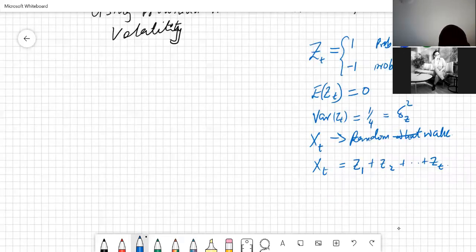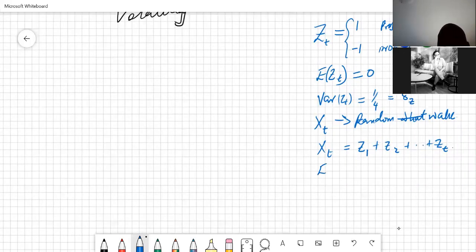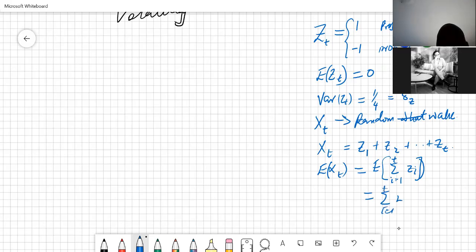And we also saw that the expected value of X_T is equal to 0, in the sense that this is the same as the expected value of the summation of i from 1 up to T of Zi, which is the summation of i from 1 up to T of the expected value of Zi, which is the summation of 0, which is going to be 0.